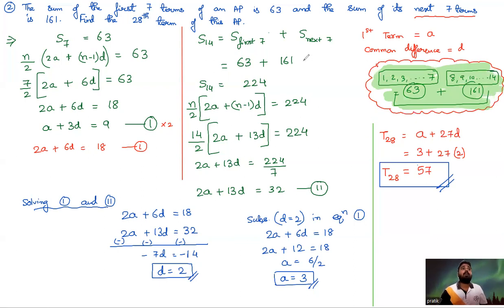When you add the two, you get the sum of the first 14 terms. It could be the next 6 instead of the next 7. In that case it will be 7 plus 6, which is 13 terms. So you will consider the sum of the first 13 terms. Then you apply the formula and go ahead.